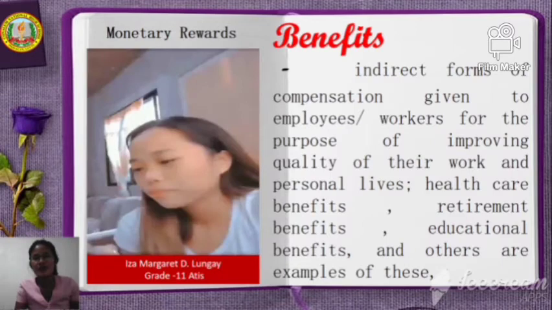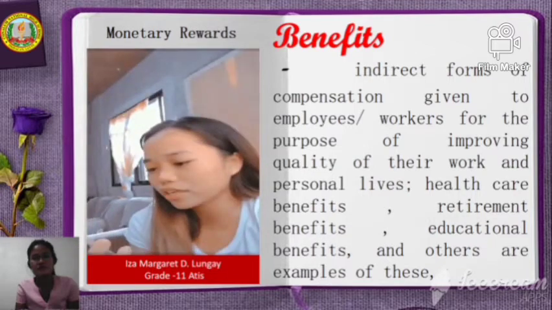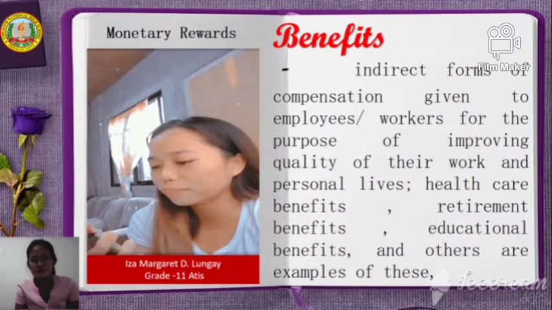The next one is benefits. Okay, can you read? Monetary rewards, benefits, indirect forms of compensation given to employees or workers for the purpose of improving quality of their work and personal lives. Healthcare benefits, retirement benefits, educational benefits, and others are examples of this.